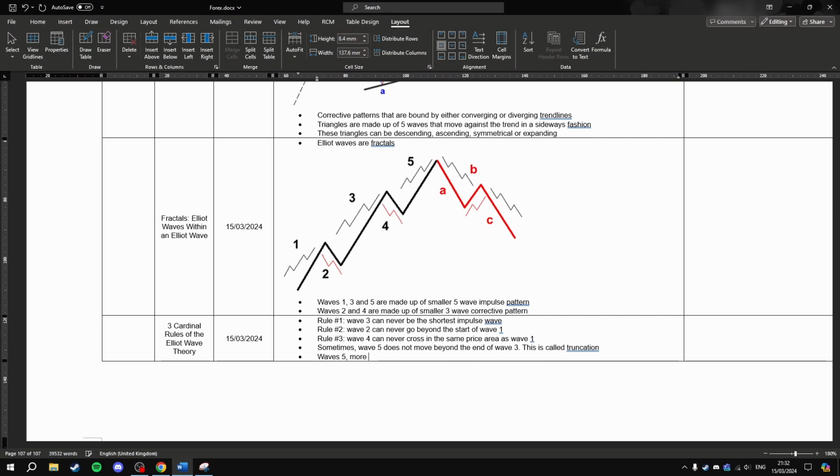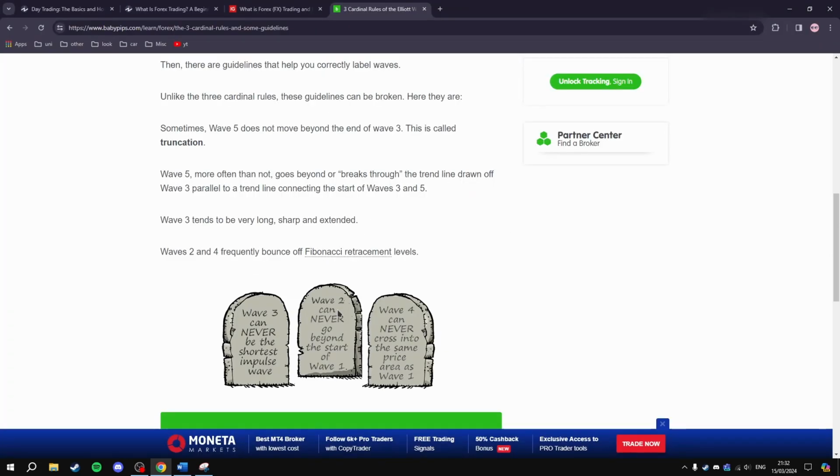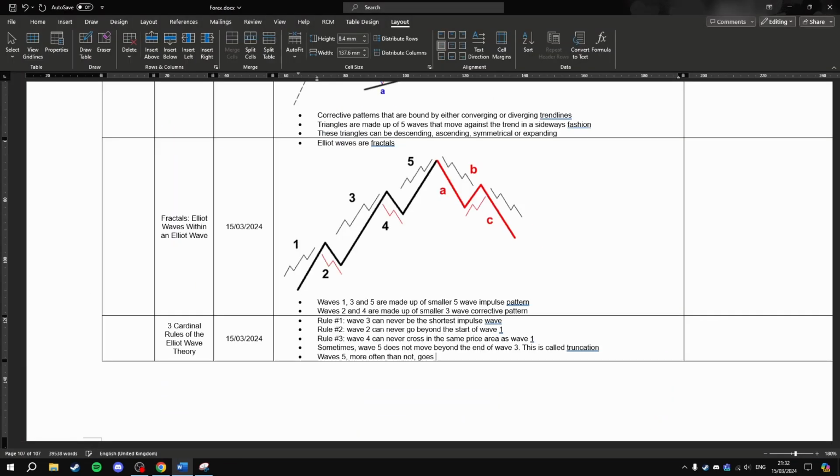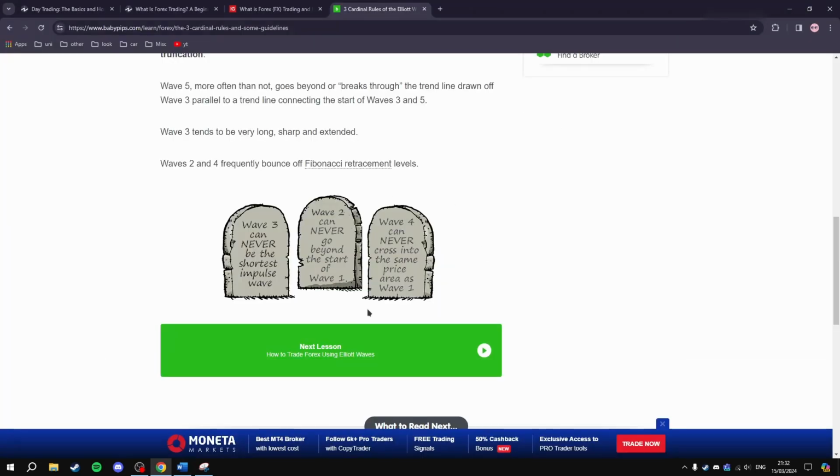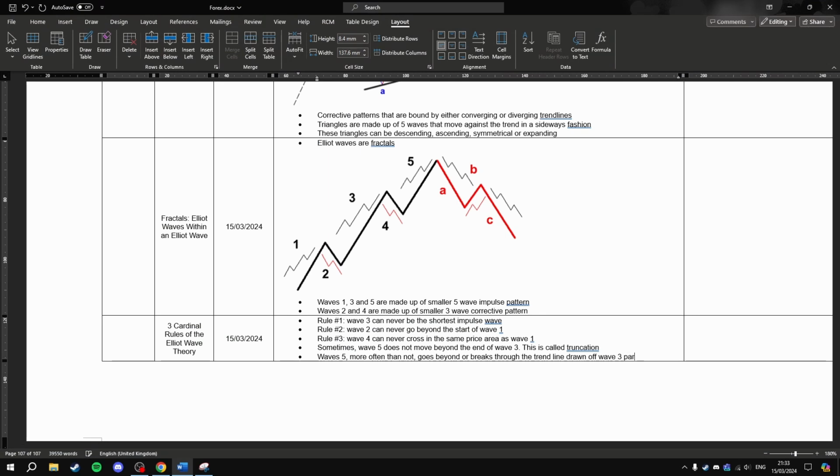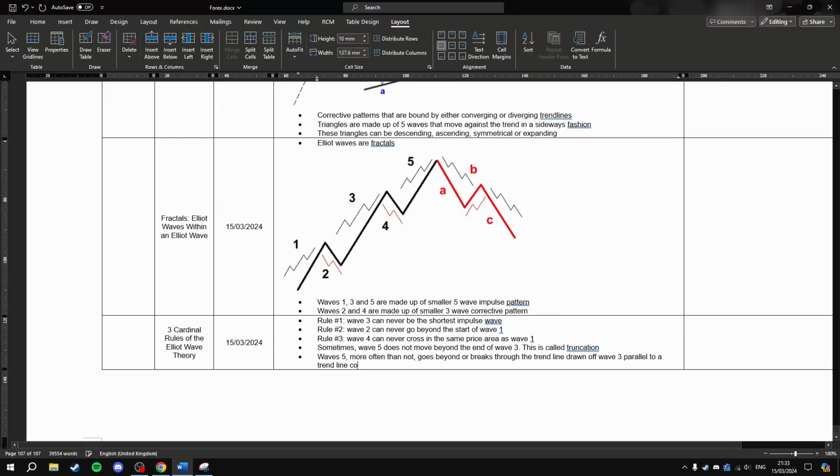Wave 5 more often than not goes beyond or breaks through the trend line drawn off wave 3, parallel to a trend line connecting the start of waves 3 and 5.